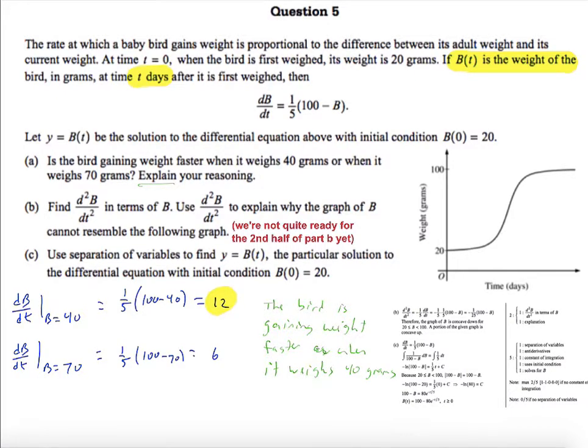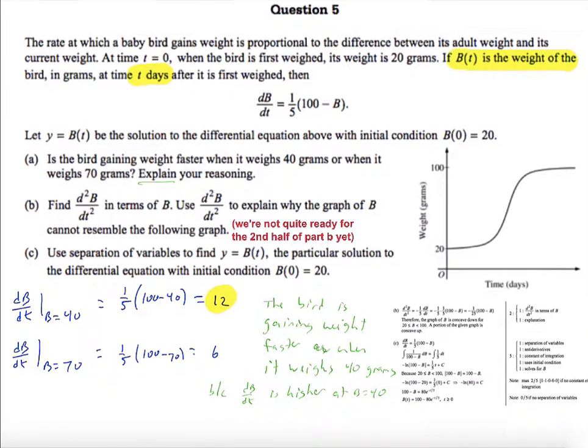It didn't just say justify, it said explain, so it is going to look for words here. So we would say, because dB/dt is higher at B equals 40. That's not an explanation. Okay, that's just the little sideshow.